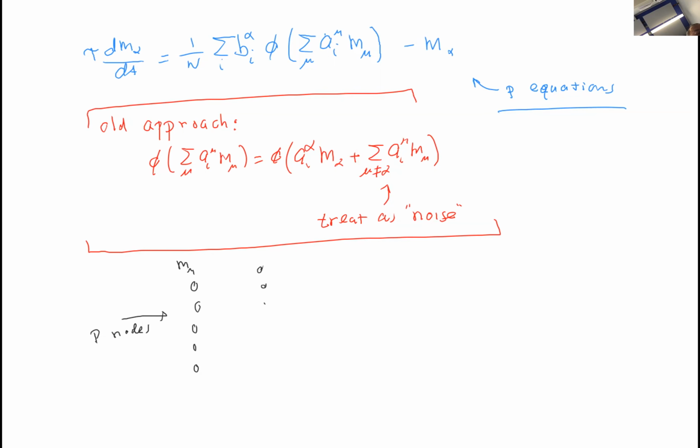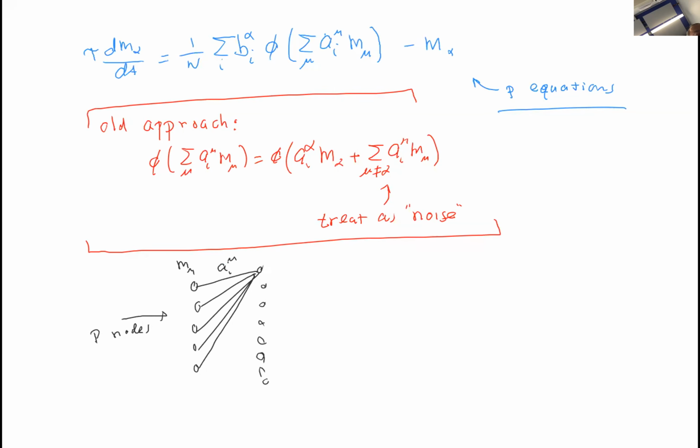And then this is the A matrix, this is A_i^mu.